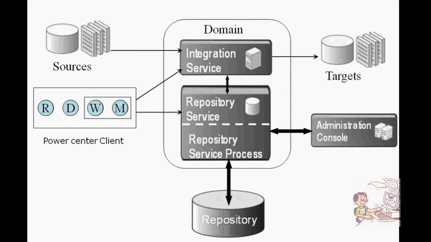So you are executing one flow and other people are also executing a flow, then sometimes the integration service will be busy. At that time, in real time, they create multiple integration services on the same repository. If one integration service is busy, we can use another integration service related to the same repository to execute that process.